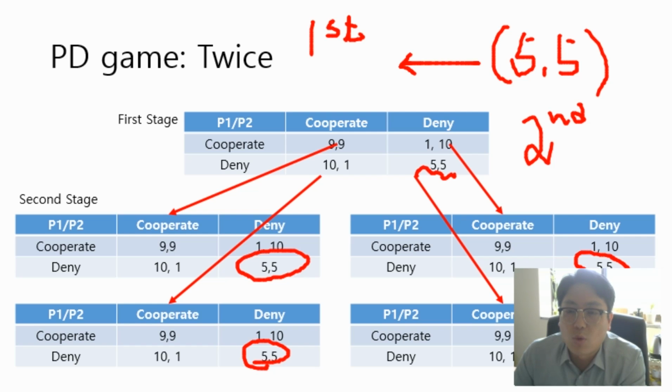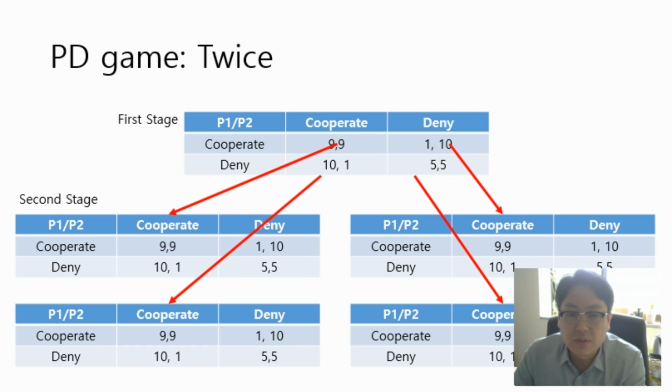So think about that. Said differently, in the second stage, nothing is changed no matter what you choose in the first stage, right? That is what the second stage is about. So no matter what they choose in the first stage, in the second stage they will get 5 and 5.